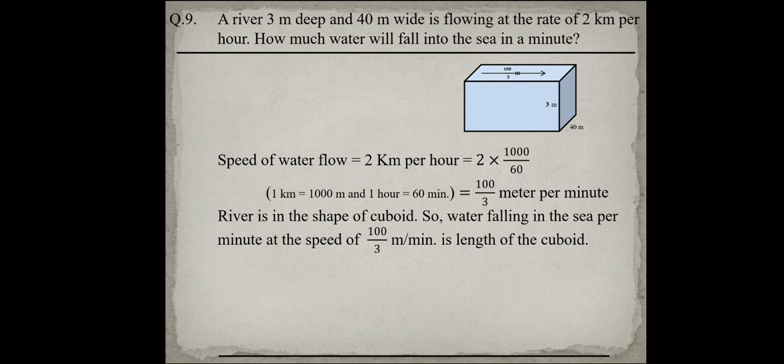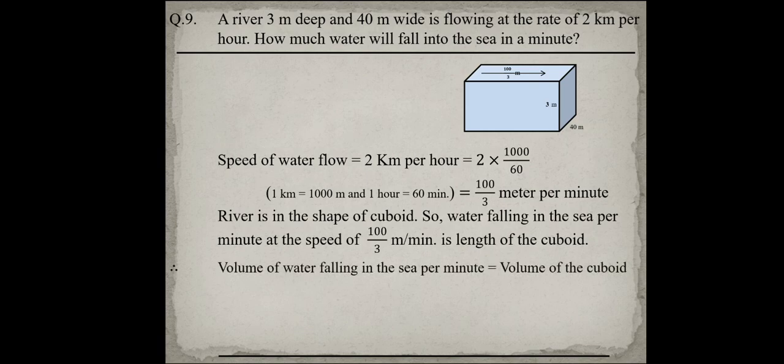This speed, the river is in the shape of a cuboid as I told you. So the water falling into the sea per minute at the speed of 100 upon 3 meter per minute is the length of the cuboid. That is, the length of the cuboid is equal to the speed of water. Now find the volume of this cuboidal shape which is like the river.